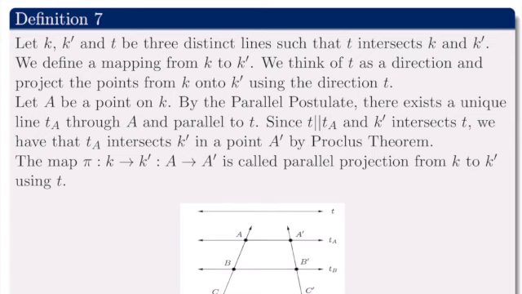So basically, this is the definition of a parallel projection from K to K prime using T as a direction. So that was a lot, but basically, T is our direction, we get our points A prime, B prime, and C prime using both the parallel postulate and Proclus's theorem, and we just define this as a map called pi.